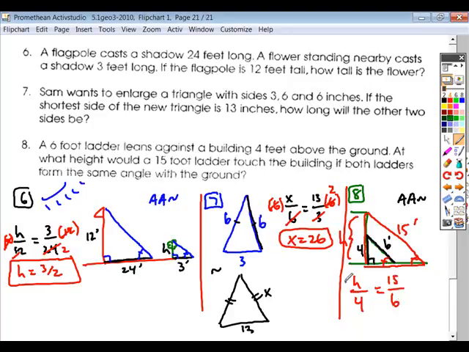And once again, we simply solve for h. 2 goes into 4 twice, 2 goes into 6 3 times, 3 goes into 3 once, 3 goes into 15 5 times. And so you're left with h equals 5 times 2, or 10, for your answer. So in all of these cases, you're able to set up and solve using similar triangles. Are there questions regarding any of those?